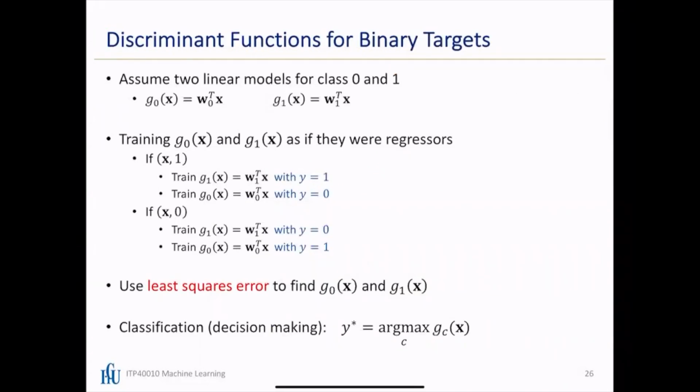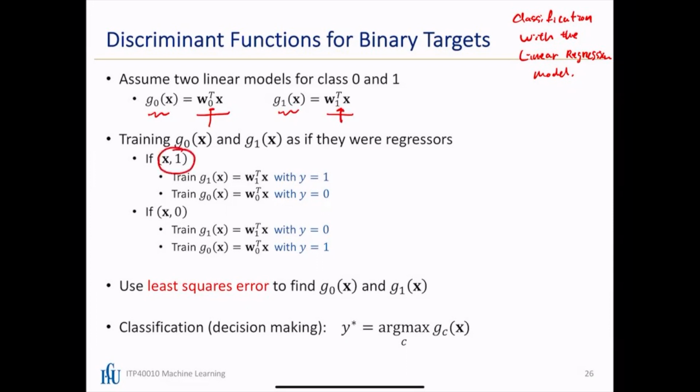Given that, although we haven't discussed this last time, we could actually build the easiest form of a classifier using a linear regression model. As you remember, linear regression is for real-valued targets, but we could build a classifier out of it. Let's assume you have two linear regression models, one G0 with W times x, the other G1 with another W times x. Each of those indicates the class membership.